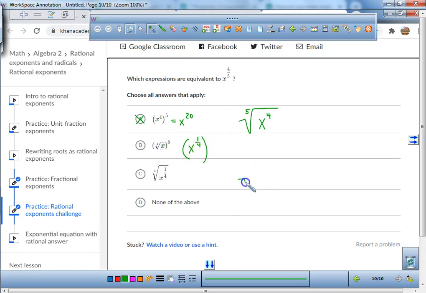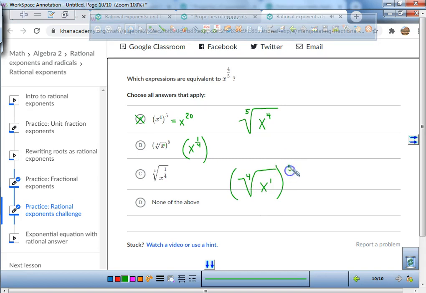If you can't see it, I'll make it a little bit bigger, okay? It had the fourth root of x to the power of 1 raised to the power of 5. Well, this becomes this. And if I raise that to the power of 5, that would become x to the power of 5 over 4. We want 4 over 5, so that's not it.